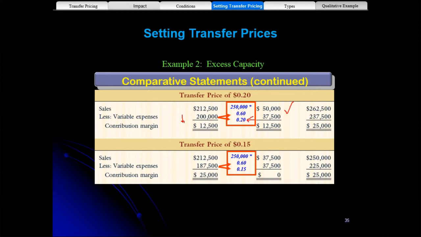Or we can go down to 15 cents. And guess what? Plastics division is now not making any money whatsoever. Pharmaceuticals division is getting the full benefit and is basically paying cost for those plastic bottles, 15 cents per item for 250,000 plastic bottles.